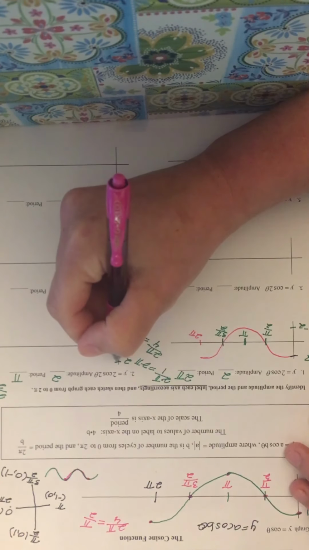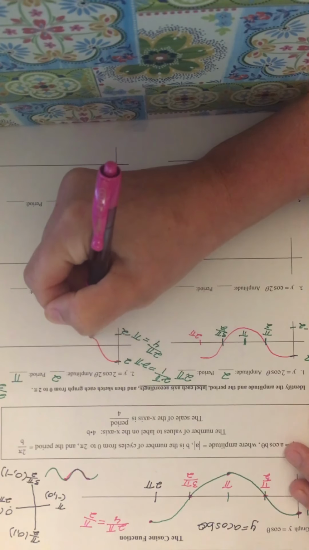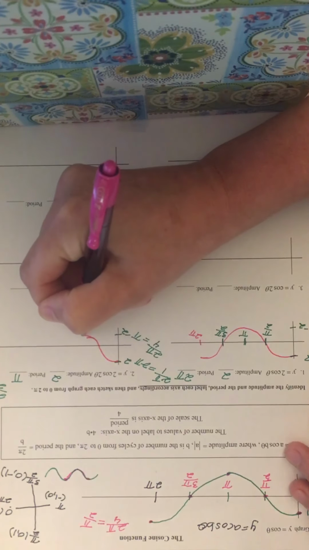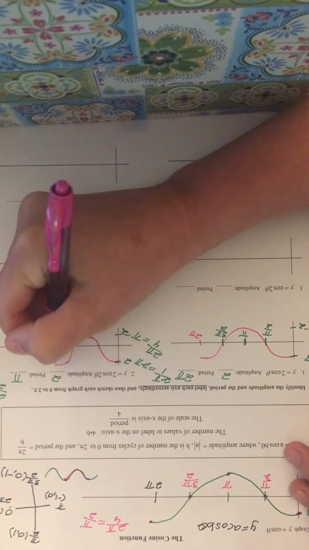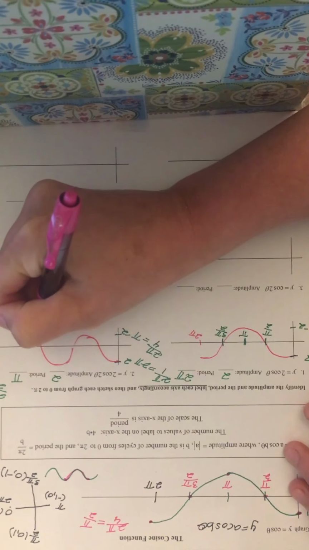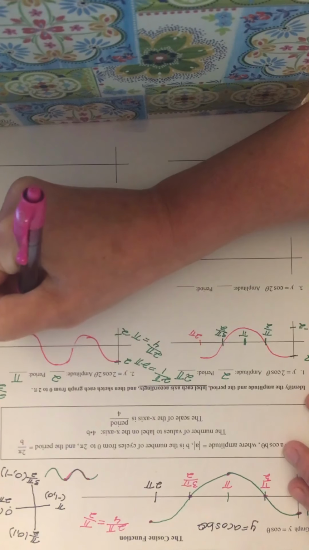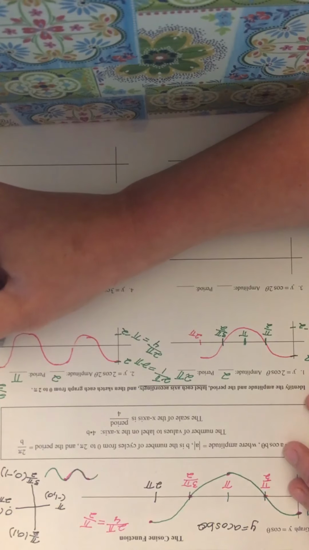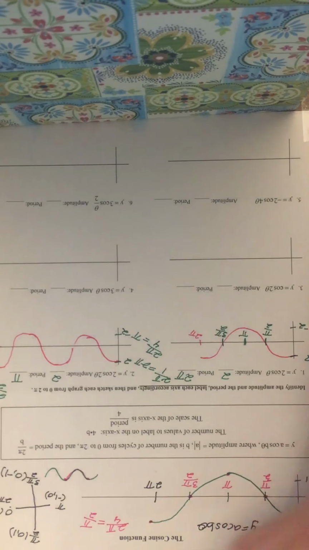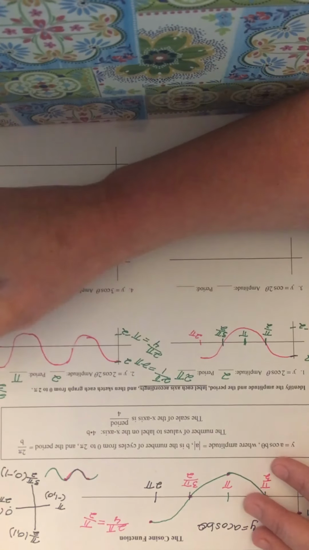So we'll start here. That would be one cycle right here, and then we'll continue down and around and end with 2 cycles right here. So we always end right here at 2 pi.